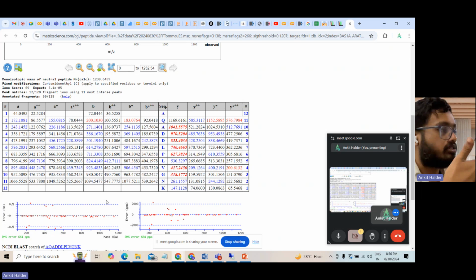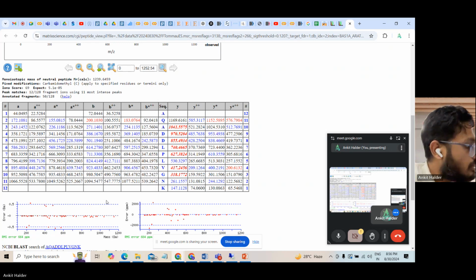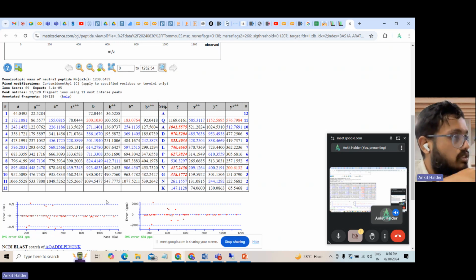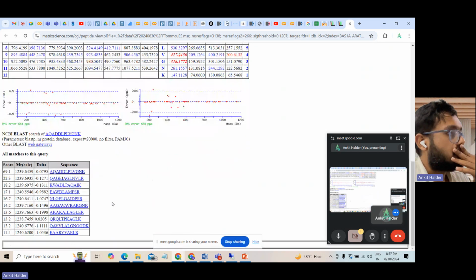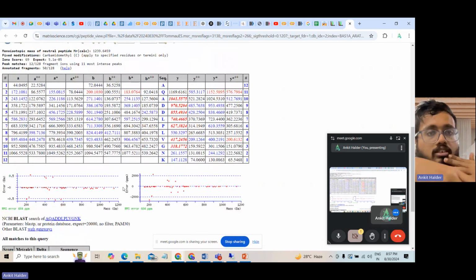So we have these particular ions: y7 minus y6, y6 minus y5, y5 minus y4, or y4 minus y3. So these are the ions, and this is how you will deduce the sequence of the peptide.